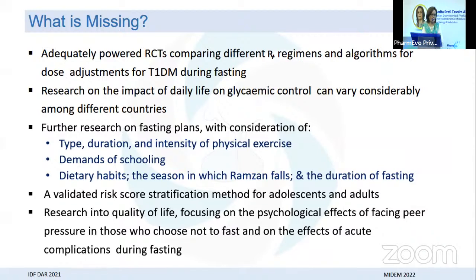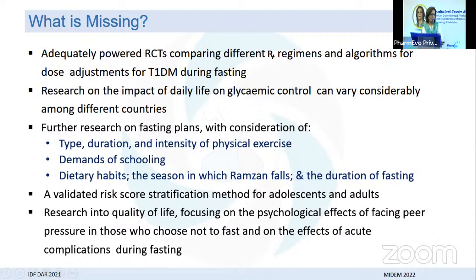So dietary habits, season in which Ramzan falls, and the duration of fasting. So it is going to be hotter and hotter as Ramzan proceeds, and the duration of fasting is going to get longer. So there are some cold countries where the duration is very long, but it is not so hot.